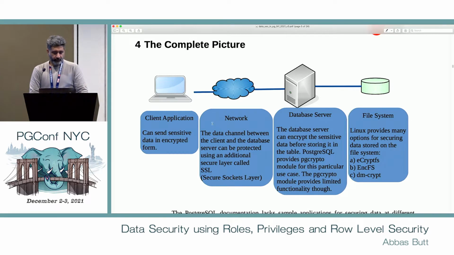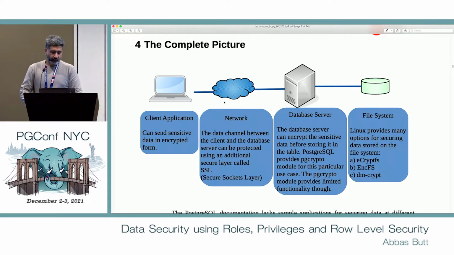The second option is to secure the channel that is being used to communicate with the database server. And to do that, you use SSL, the Secure Sockets Layer. There are very well-defined ways of doing it, and PostgreSQL supports it, from authentication to even the data that is being shared between the application and the database server.